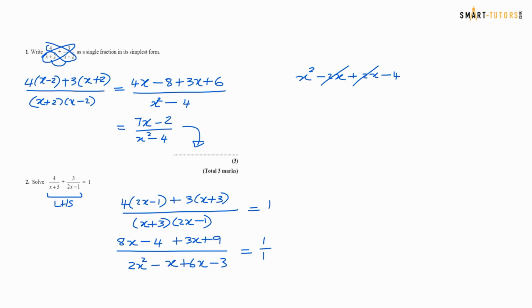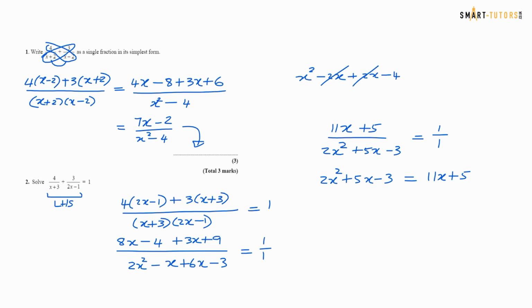So 1 means 1 over 1. 8x plus 3x is 11x plus 5 over 2x squared plus 5x minus 3 equals 1 over 1. So cross multiply. So 2x squared plus 5x minus 3 equals 11x plus 5.